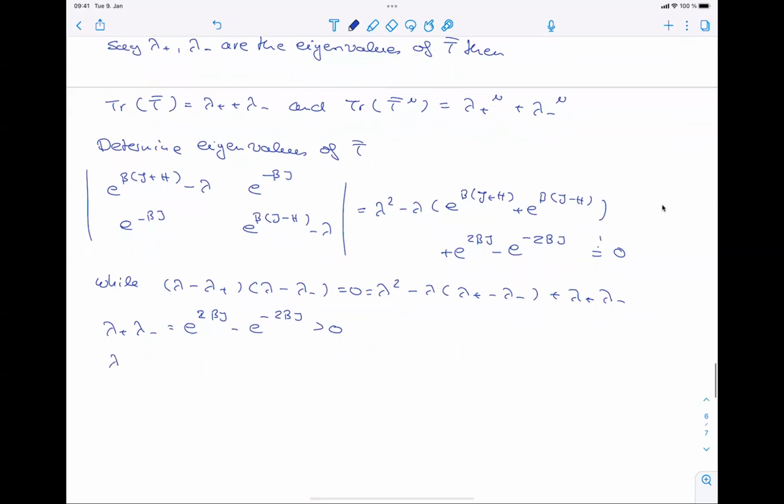And then lambda plus plus lambda minus, sign error, quickly check. There's a minus here, that should be a plus. It's a plus. This I can now read off, that needs to be this term.